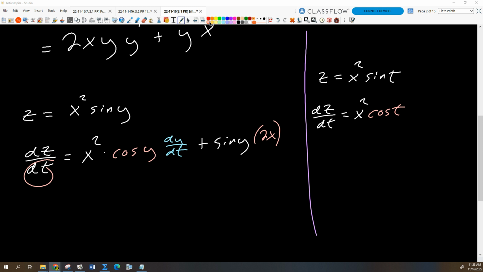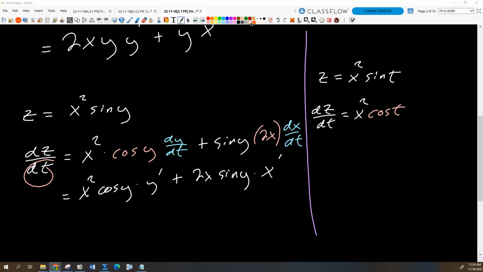So what do I also have to include? dx/dt, right? So we end up with dz/dt equal to x squared cosine y times y prime, where y prime is just dy/dt, plus 2x sine y times x prime.